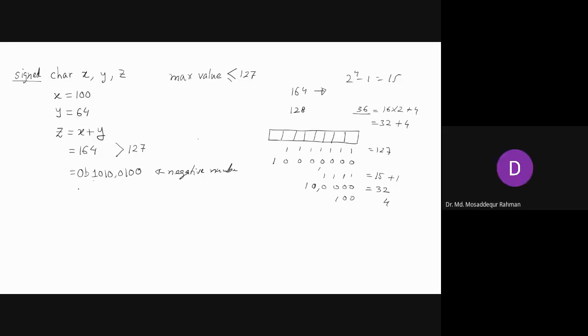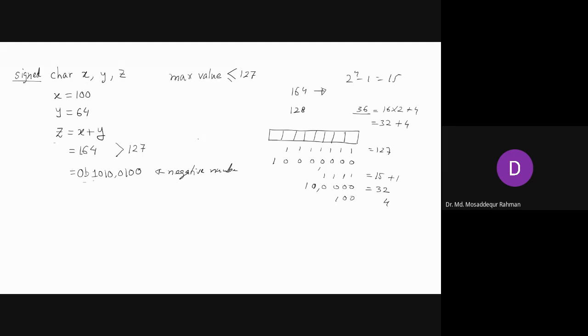So what happened here? We end up with a negative number because the char is considered to be a signed number. Since we get 1 here, if we had 0 here, no problem, but we have 1 here, so the program will consider this a negative number and it will give a completely different result, not 164.